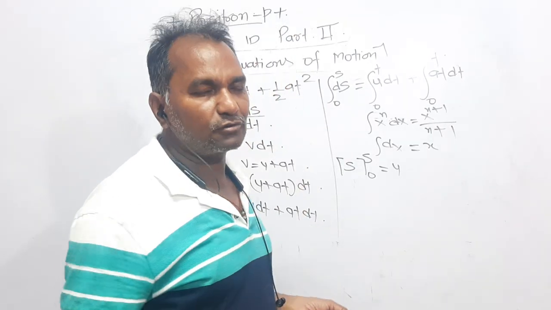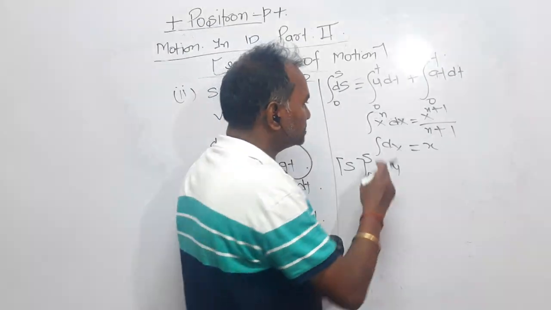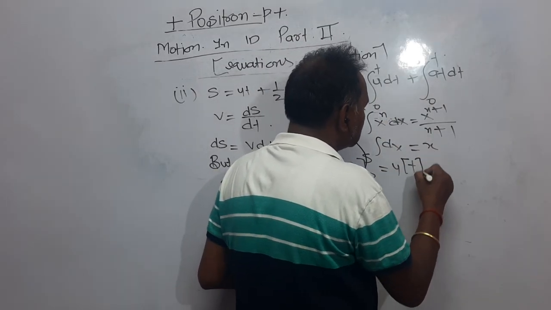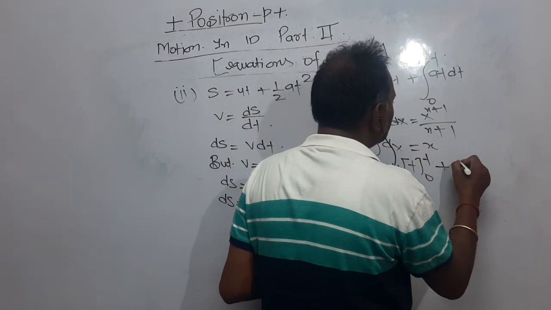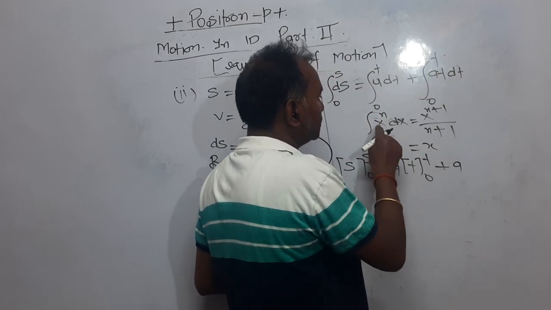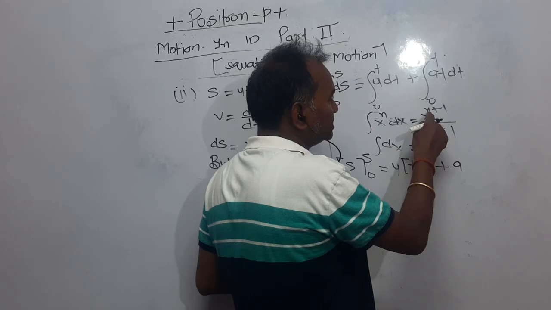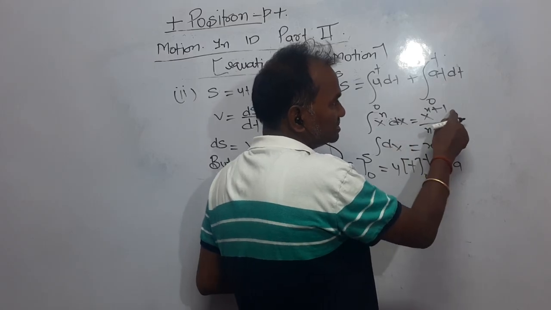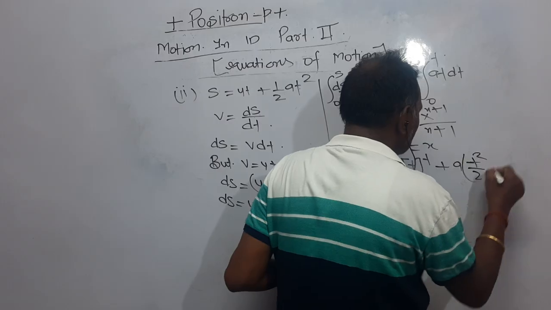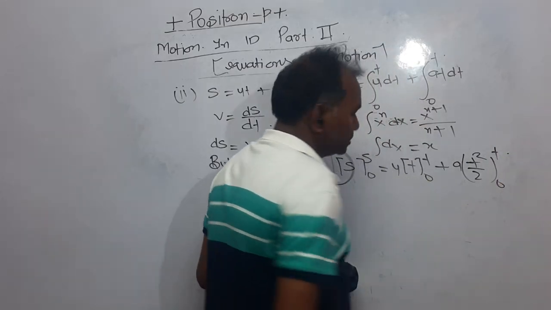So u is a constant, right? Because once it comes into the picture. So integral dt is t, with limits 0 to t, plus a t dt, here t to the power 1. So x dx, n is replaced by 1, x square by 2. So it is t square by 2 from 0 to t.